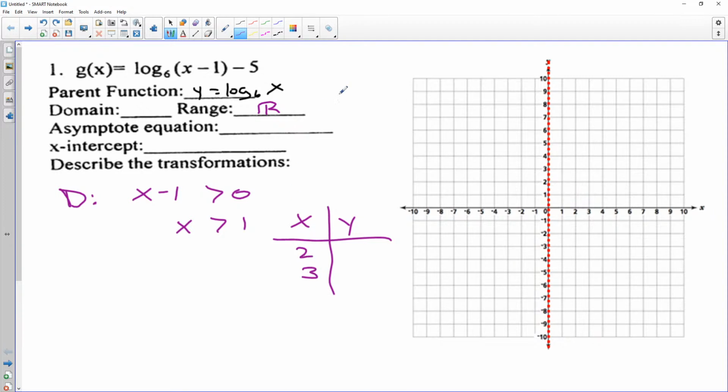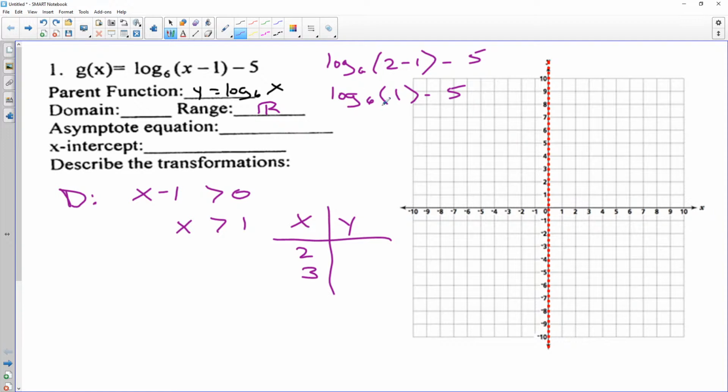If I plug in a 2, here's what I get: the log base 6 of 2 minus 1, minus 5. So 2 minus 1 is 1, and this becomes the log base 6 of 1 minus 5. Now we have to think: what is the log base 6 of 1?